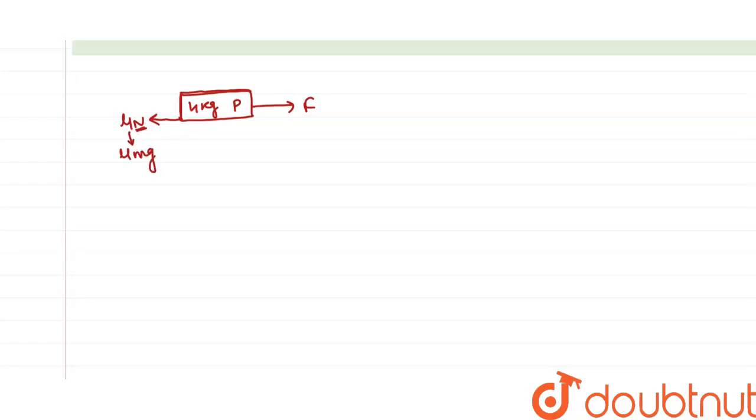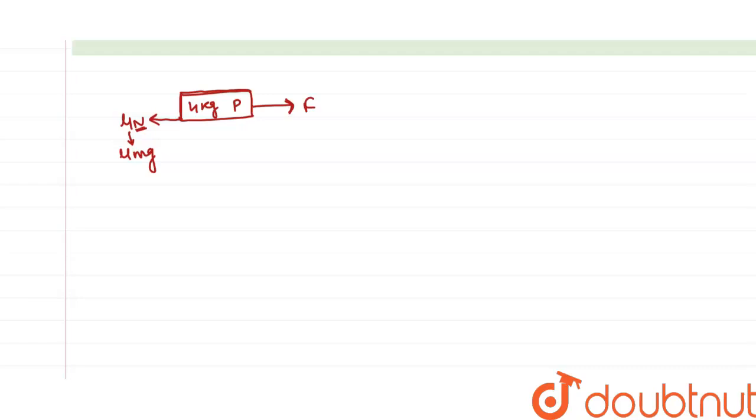So this is block P and there is a force F applied, and because of this force relative motion happens, and the tendency of relative motion is to move in the opposite direction. So because of friction the force works in the opposite direction, that is mu N or mu mg.